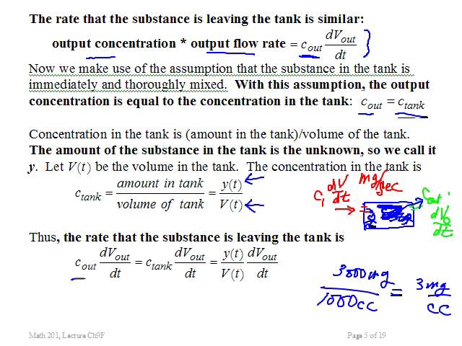So the output concentration, here's the output flow rate times the output concentration. Okay, the output concentration is the same as the tank, so I did that. Now I know how to compute that. That is Y, the amount that's in the tank divided by the volume of the tank. Alright, we're almost set up here with this.